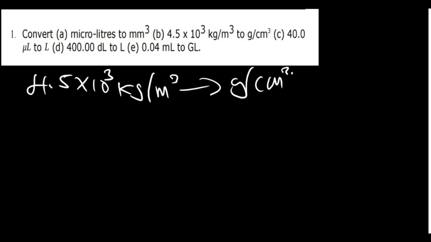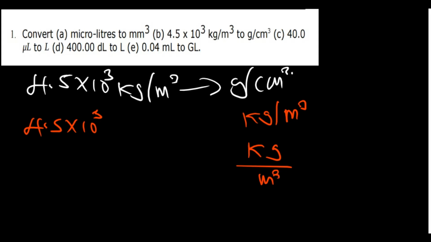So how can we use dimension analysis to convert this? We are going to write our 4.5 here times 10 raised to the power 3. We do know that when we say kg per cubic meter, it is the same as we say kg divided by cubic meter. So in short, there is 4.5 times 10 to the power 3 kgs per 1 cubic meter. That is what it means.